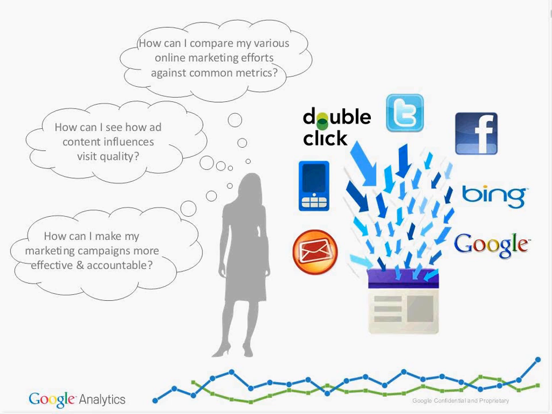So if you're trying to answer questions such as, how can I compare various online marketing efforts against each other using common metrics? How can I analyze how ad copy or ad content influences the quality of the visit after they arrive? In general, how can I make my marketing efforts and marketing campaigns more effective and more accountable?